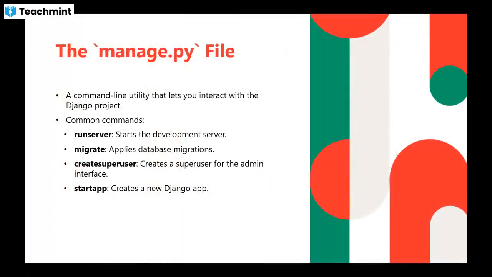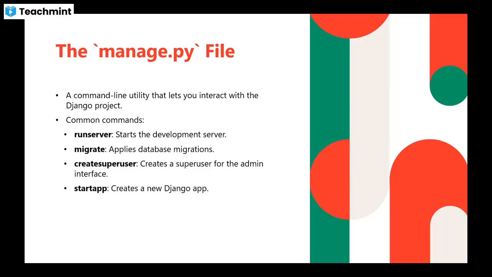In detail, the manage.py file is a command line utility that lets you interact with the Django project. Using this manage.py file, you can run the server, which means you can start your project. And then migrate: migration applies database migrations.